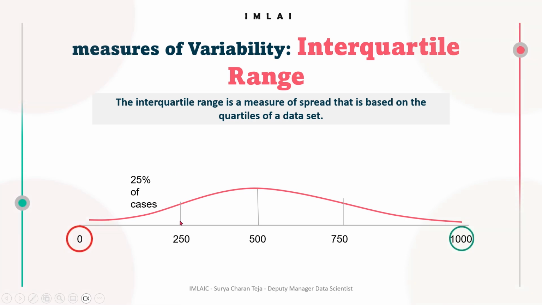It divides the first 1 by 4 of cases, 250 cases, from the rest of 3 by 4 of cases. So this is our first quartile, Q1, or 25th percentile.